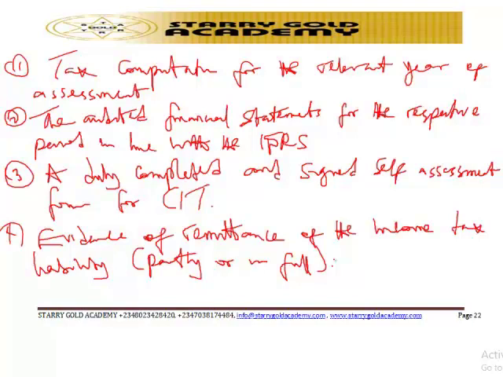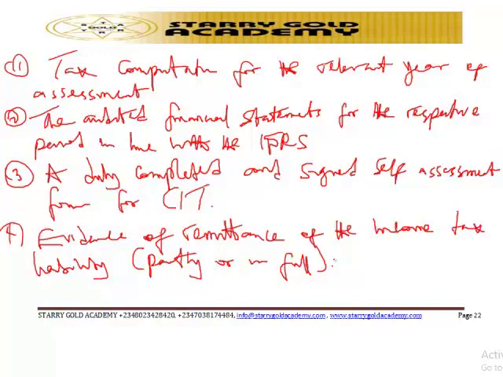Section 8 subsection 2 of the Value Added Tax Act says, without prejudice to the provisions of section 32 of the Act, a taxable person who fails or refuses to register with the board within the stipulated time in section 8 subsection 1 of the Act as amended shall be liable to pay as penalty an amount of 50,000 naira for the first month in which the failure occurs, and then 25,000 naira for each subsequent month in which the failure continues.